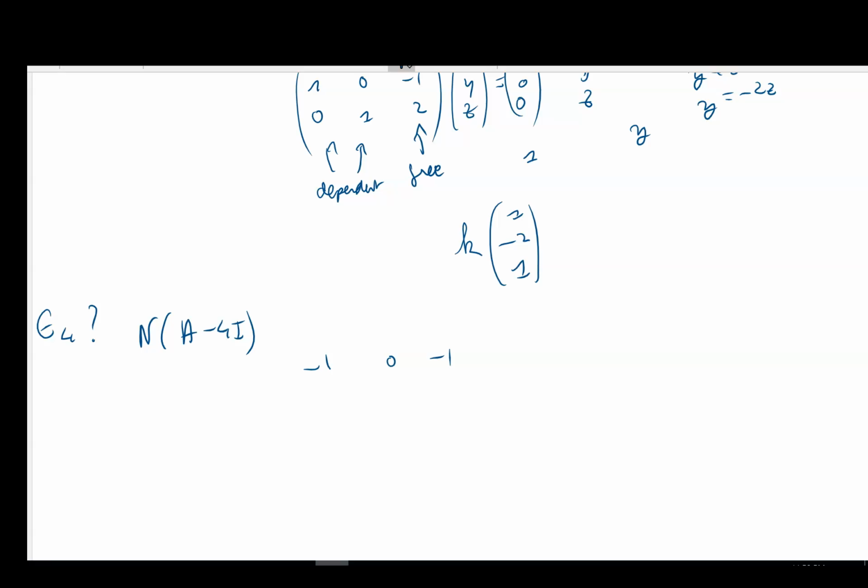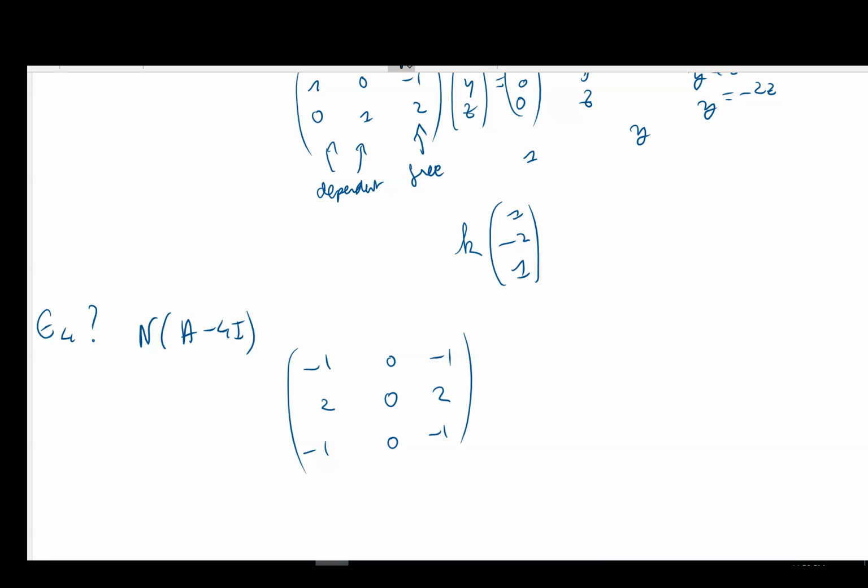Then I get 2, 4 minus 4, that's 0, and then 2 also. And finally, I get negative 1, 0, 3 minus 4, that's negative 1. So I've got 3 times the same row, which is something that I hoped for. I wasn't sure I would find it, but I did hope for it.